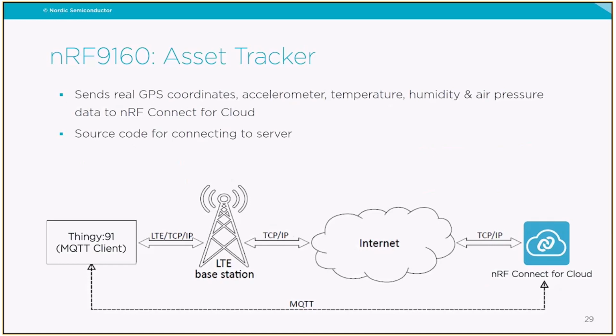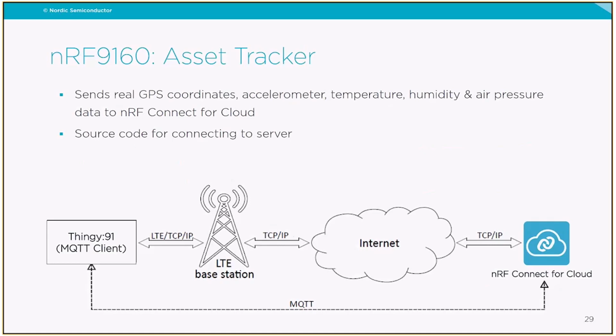So to be able to have concurrent LTE and GPS, the LTE connection needs to be in a power saving mode, so very low power mode, which then allows the GPS to run for, let's say, 360 seconds. Then it gets a GPS coordinate, and then you reconnect to the base station and send the GPS coordinate in addition to accelerometer, temperature, humidity, and air pressure data.